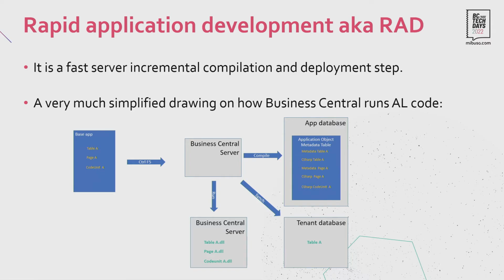Then this app file is sent to a Business Central server through our services. And with a Control F5 from within Visual Studio Code, at least these 3 things happen: there will be a compilation, there will be a sync, and there will be a run, when the browser comes up.